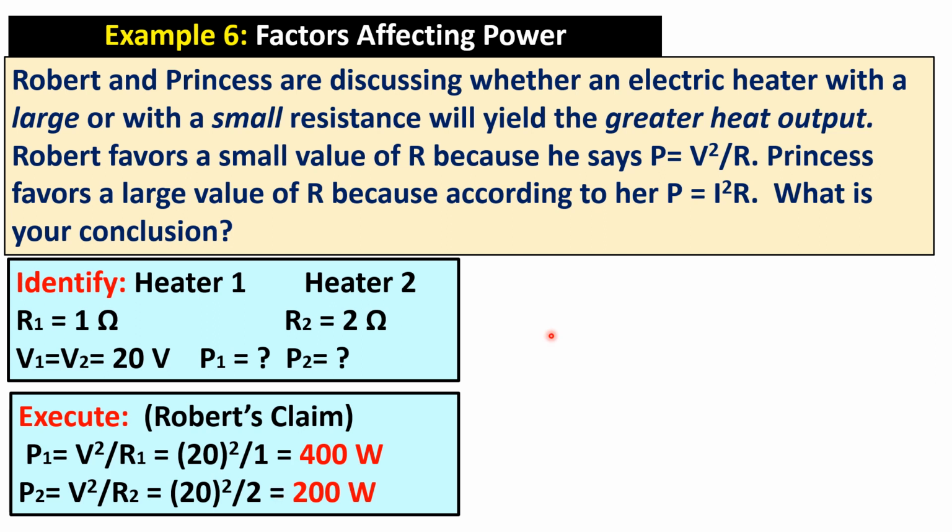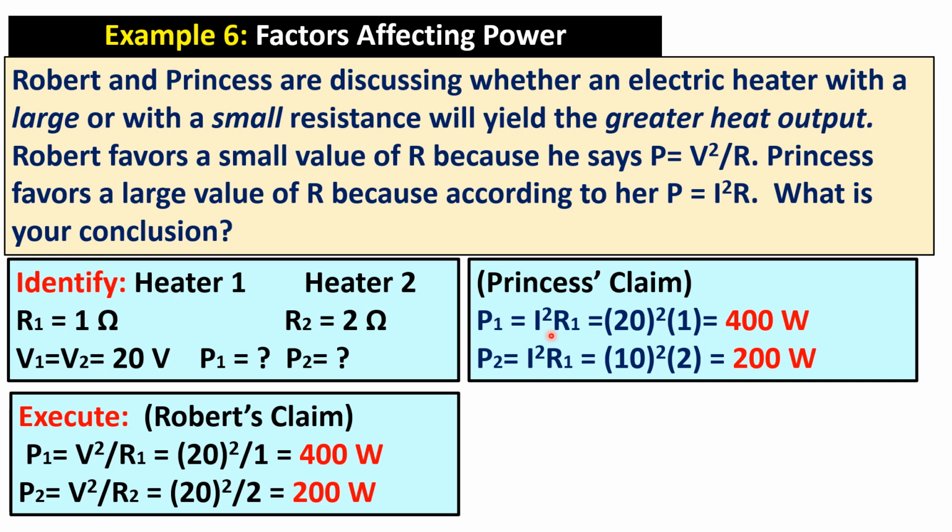Let's look at Princess's solution. For Princess, she uses the formula power is equal to I squared times the resistance. And using the two given values for the resistance, R1 and R2, the first heater also produces the same power of 400 watts, the same as what Robert's formula yielded. That's also true for the second heater.